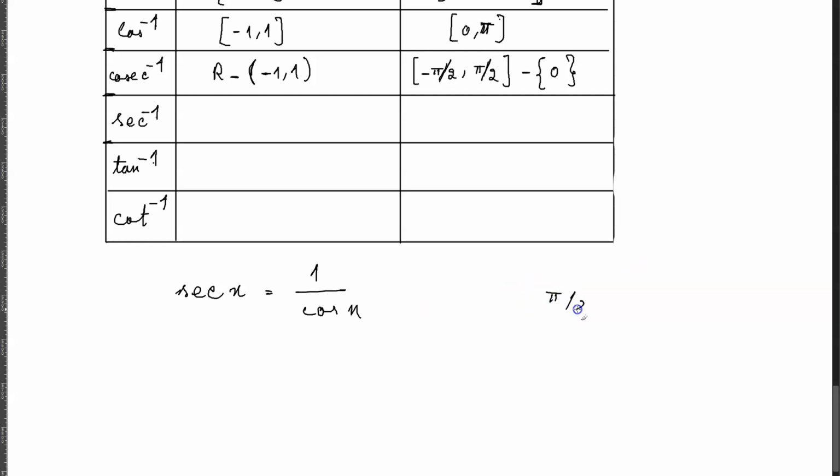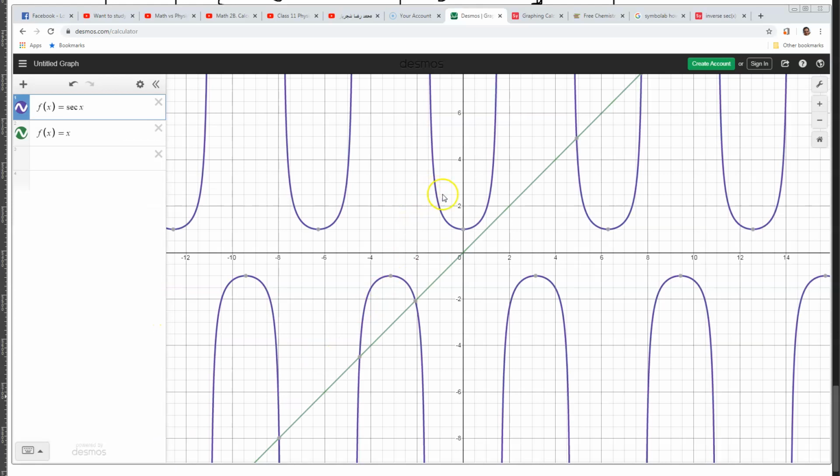You know that cos of pi by 2 is equal to 0, meaning that at pi by 2 the secant function is not defined.